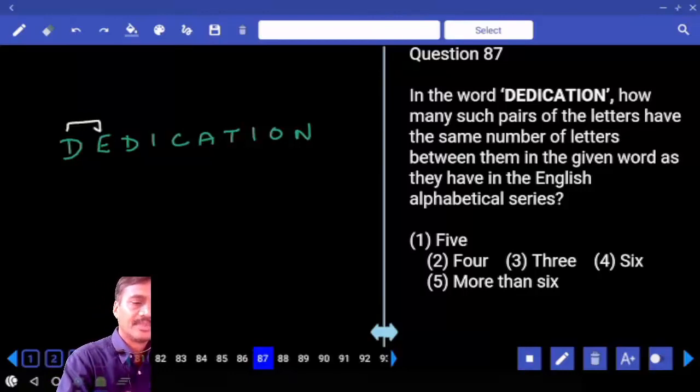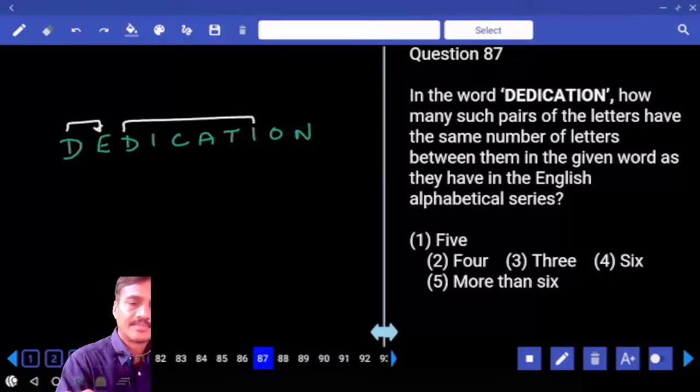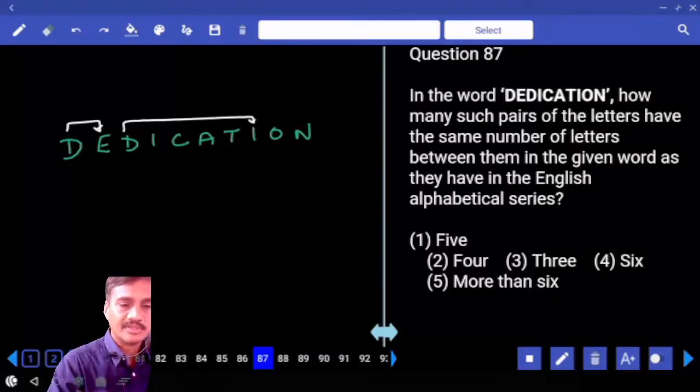D and E. DEF, GH, IJ, KLM. D, EF, GHI. D and I. EF, GHI, JK. I, J, K, L, M, N, O. And C, D, E, F, G, H. A, B, C, D, E. And that's it. Left to right, there are only 2 pairs.